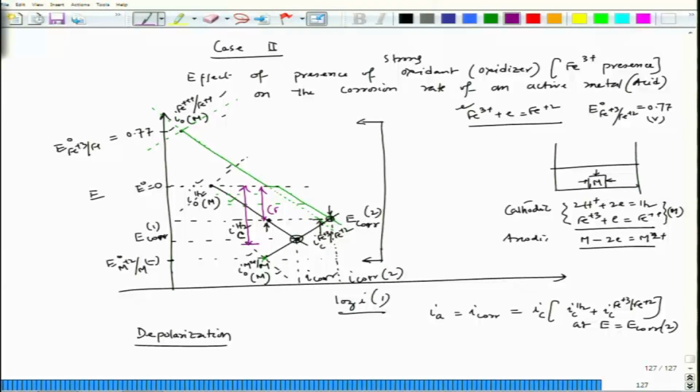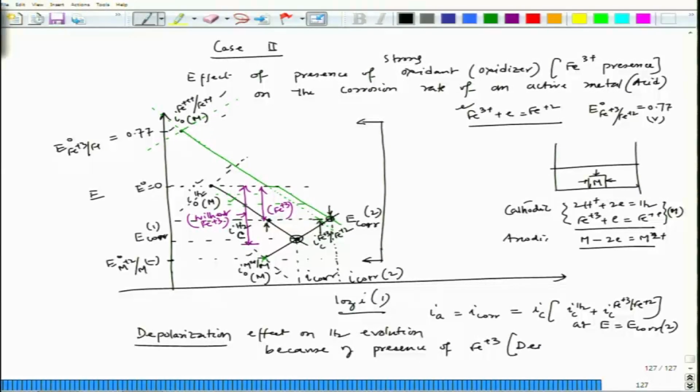So this is when Fe+3 is present, and this is without Fe+3. So we could see that the overvoltage for the hydrogen evolution reaction has decreased due to the presence of Fe+3. That particular effect we call the depolarization effect on hydrogen evolution because of the presence of Fe+3. So that is why Fe+3 is called a depolarizer.